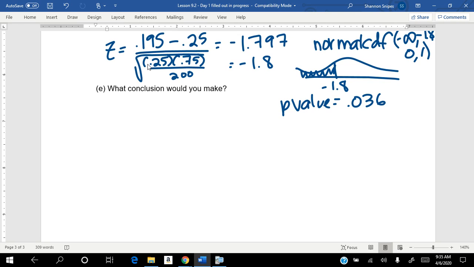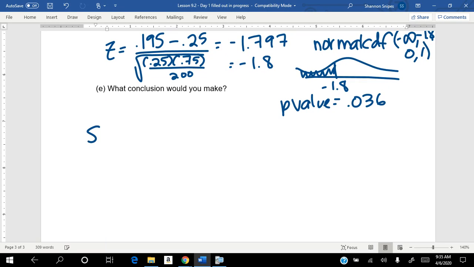We're going to use the template for concluding a significance test. And remember, your conclusion has three things. You need to compare your p-value to your alpha level. You need to either reject or fail to reject the null. And then we're going to conclude this decision in context.